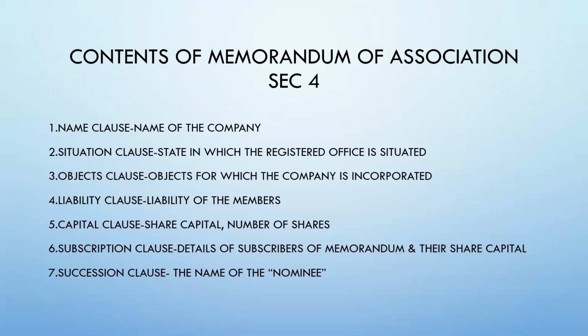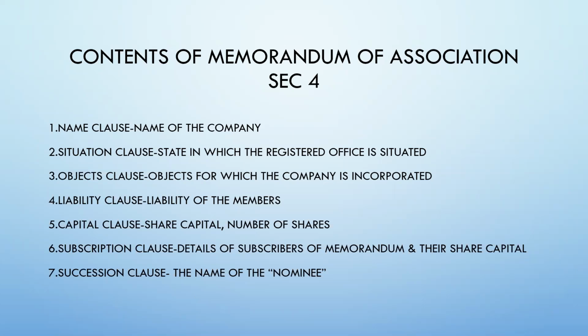Third, objects clause, for which the company is incorporated. Liability clause, which specifies the liability of members. Capital clause, which is for share capital and number of shares. Subscription clause, where details of subscribers of the memorandum and their share capital are mentioned. The last clause is the succession clause, where the name of the nominee is specified.